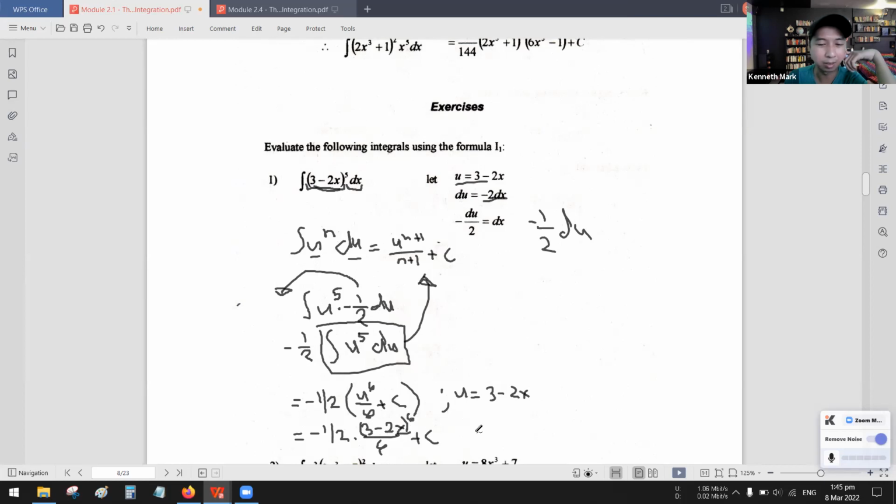Or that is, simplify natin, negative (3 minus 2x) raised to 6 all over 12, plus c. Tama ba?